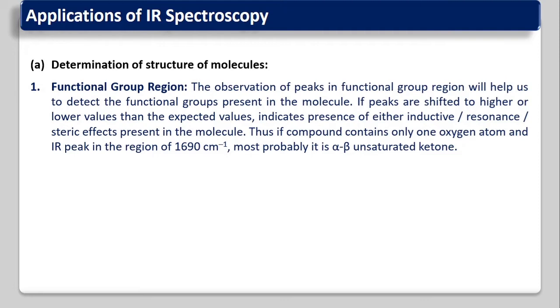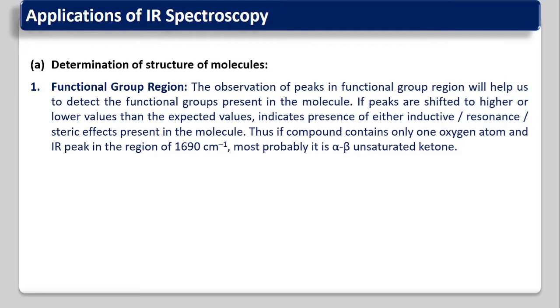So in this way, the functional group region is used for identification of the functional groups present in the molecule. Suppose a peak is at 2100 cm inverse, then our compound must contain a carbon-carbon triple bond. If our peaks are near about 1650 to 1640, then our compound must contain a carbon-carbon double bond.